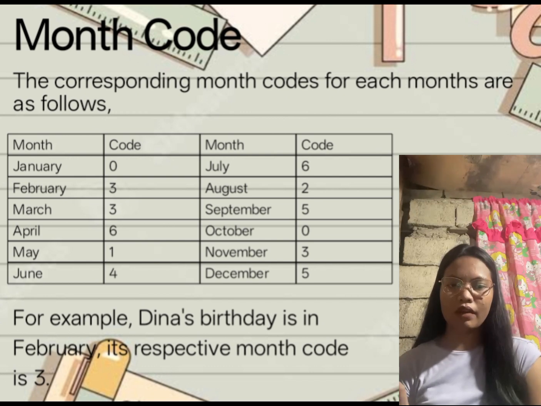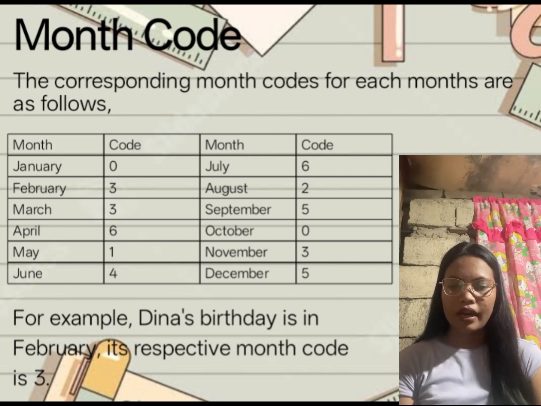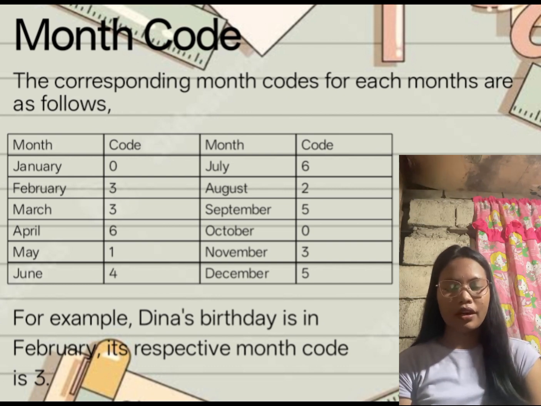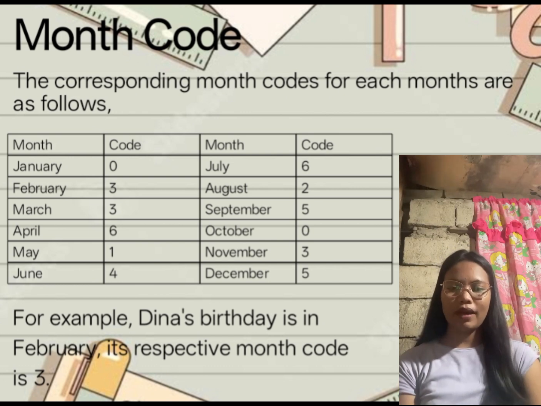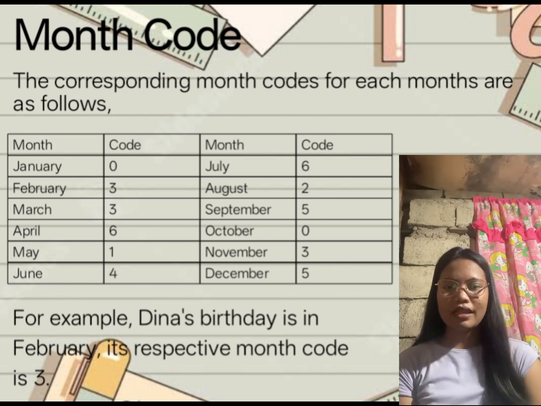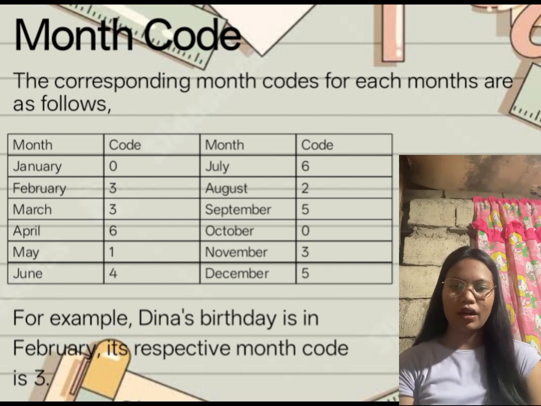For January, we have 0, February is 3, March 3, April is 6, May is 1, June is 4, July is 6, August is 2, September is 5, 0 for October, 3 for November, and 5 for December. For example, if Dina's birthday is in February, the corresponding code for Dina's birthday is 3.